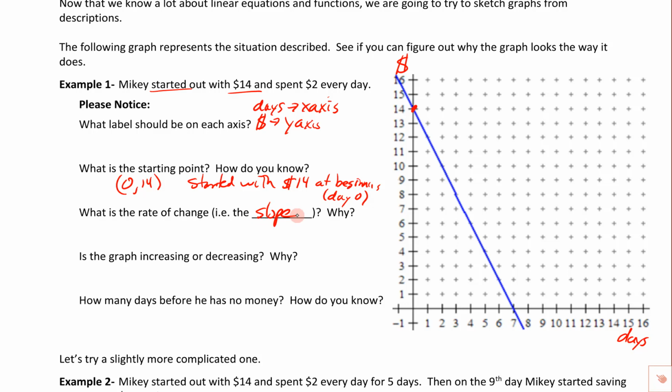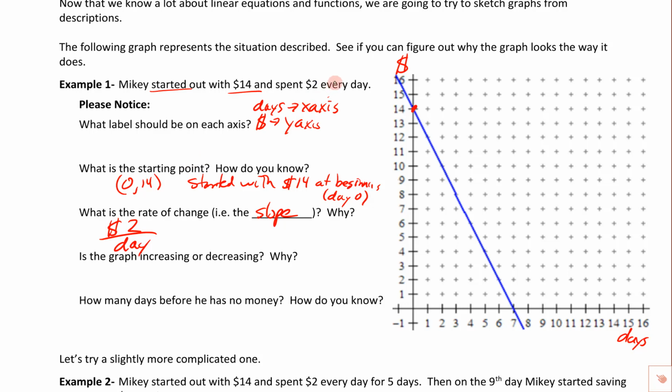Well, let's take a look here. We could figure it out by looking at the graph, but we could also just say, well, look, in the problem it said it's $2 every day. The reason for that is it said what the rate was in the setup for the problem.